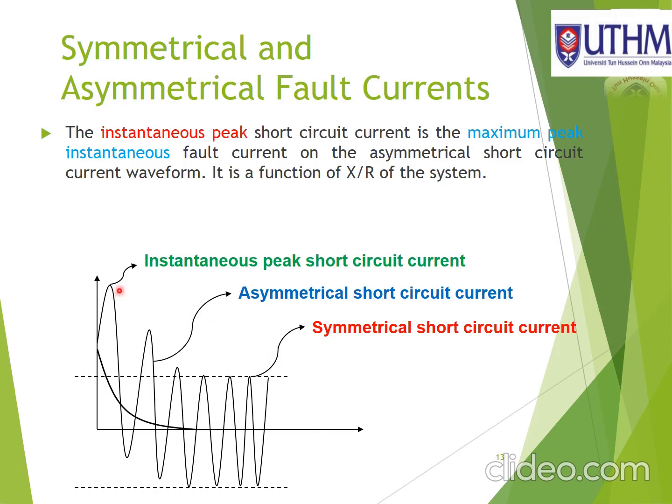The first one is the instantaneous peak short circuit current, the highest value. Then here is the asymmetrical short circuit current, because the waveform is asymmetrical. And the third one is the symmetrical short circuit current, where the value is consistent, the same.